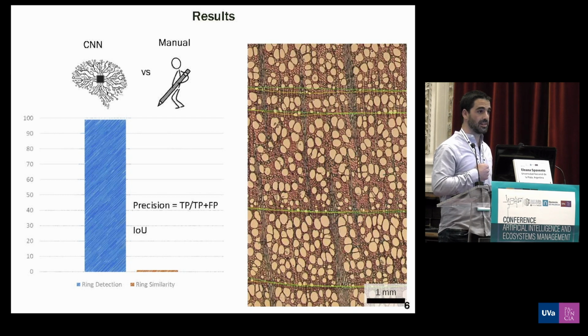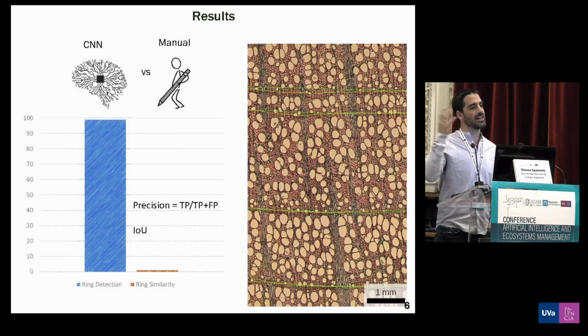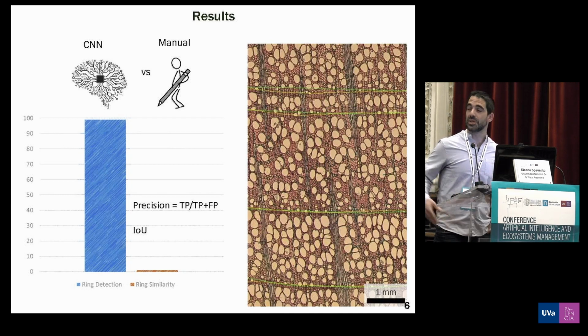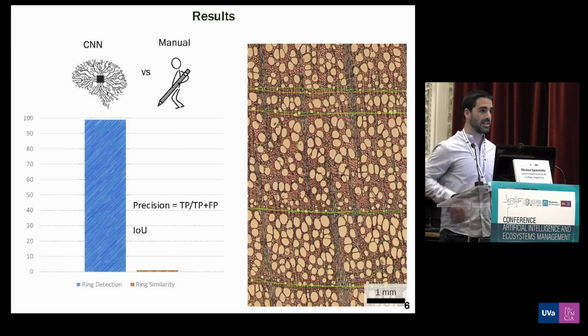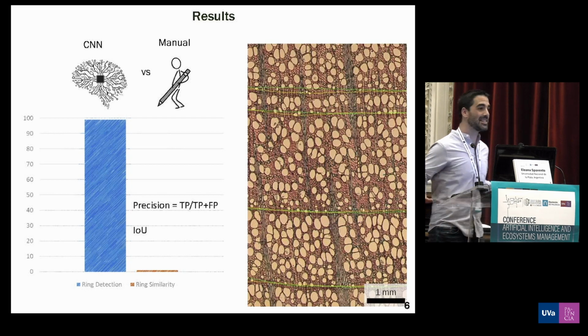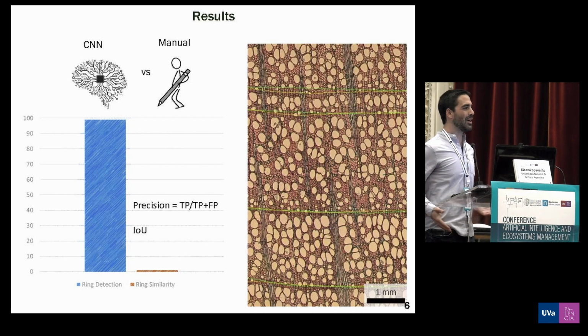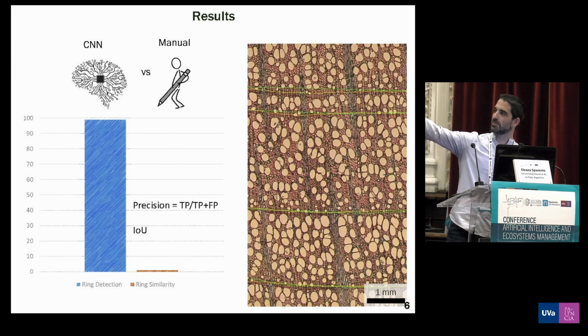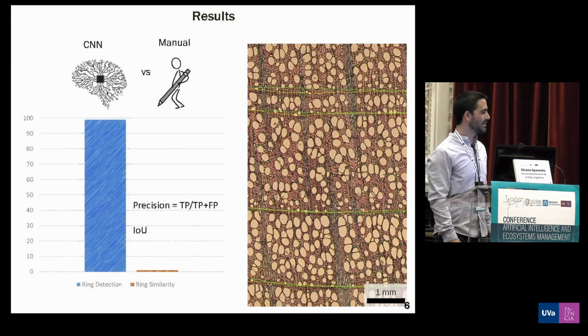If we evaluate the algorithm this way, we reached almost 100% of results, so almost all the limits were detected. But if we used the standard ways to evaluate deep learning models, the results were almost 0.